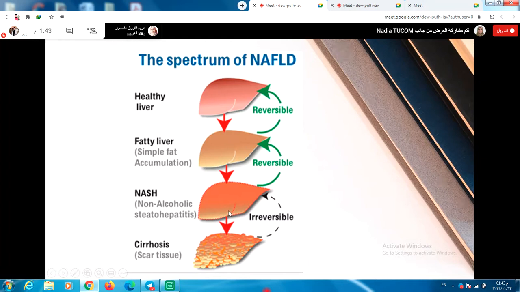Or it can progress to a cirrhotic liver with a lot of replacement of the hepatic lobules by regenerating nodules, with the development of obstruction of blood flow and biliary passages and features of liver failure.